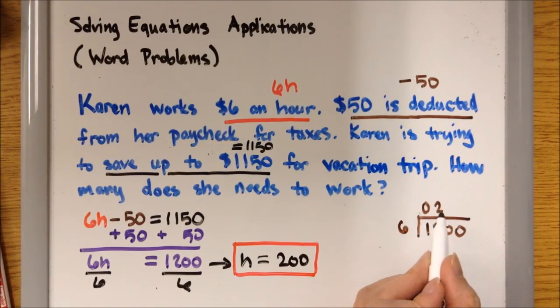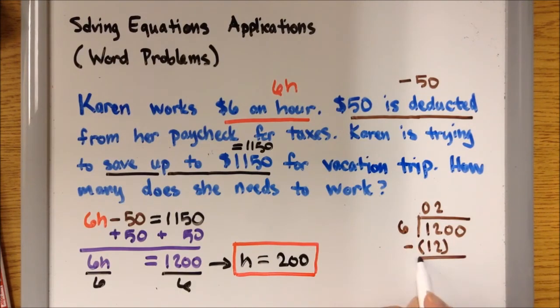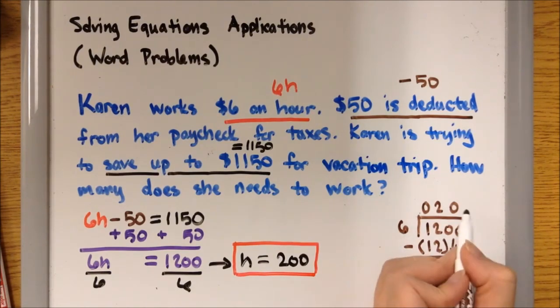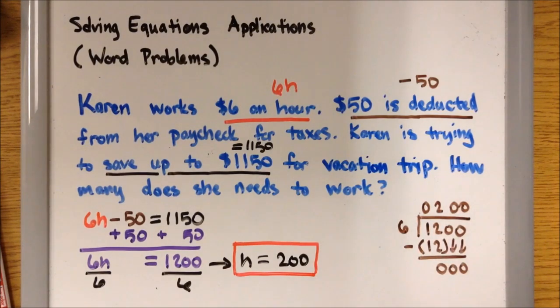So 6 times 2 is 12. Subtract, it's 0. I bring down the other 0. 6 goes into 0 0 times. Then I bring down the other 0. 6 goes into 0 0 times. So I'm left with 0200, or 200. That's how we got H equals 200. So our final answer: Karen has to work 200 hours in order to get $1,150 from her paycheck.